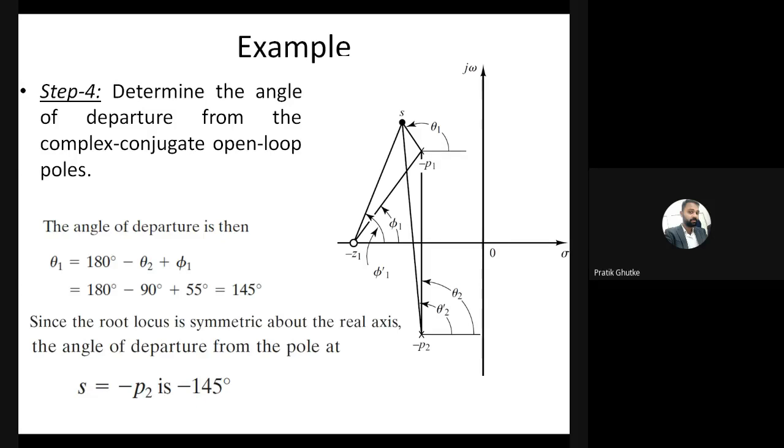See how to calculate the angle of departure from the complex conjugate open loop pole. See the calculation. You see the calculation of angle of departure, how they have calculated? 180 minus phi 1 plus phi 2. Yes, we have calculated in the previous numerical.